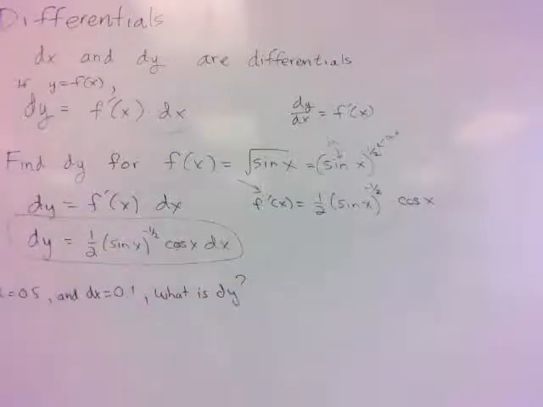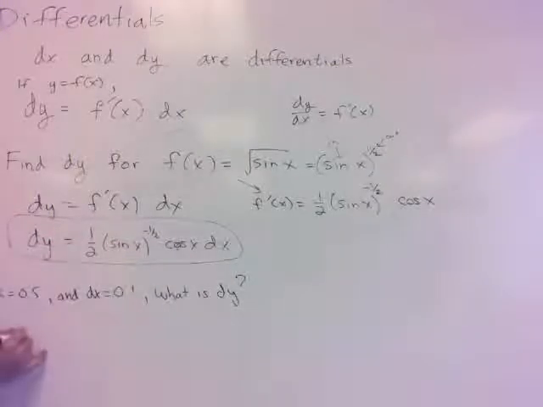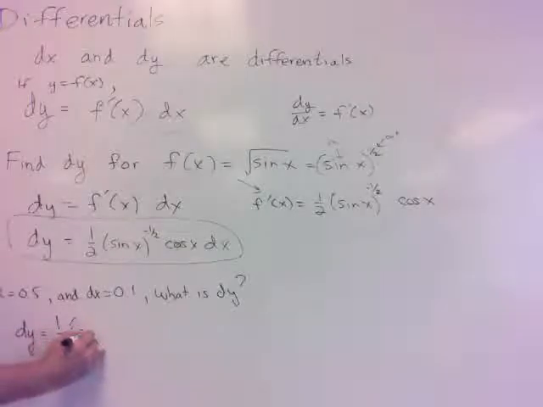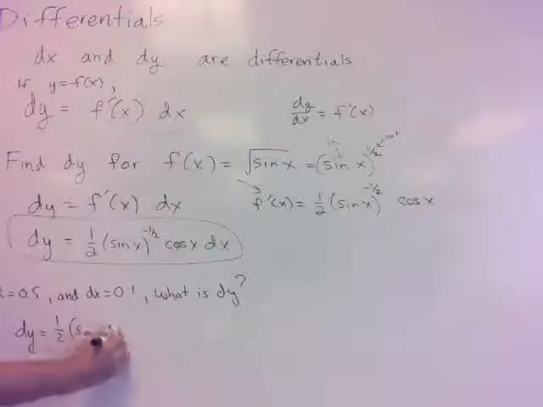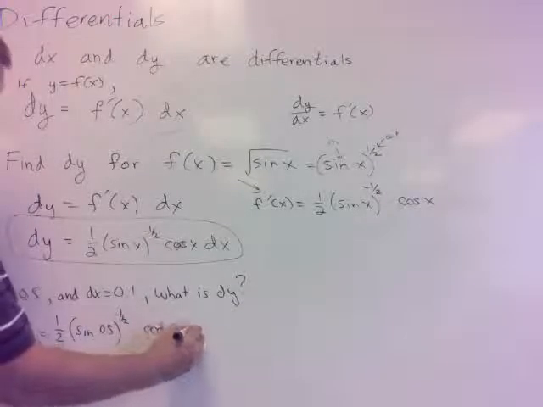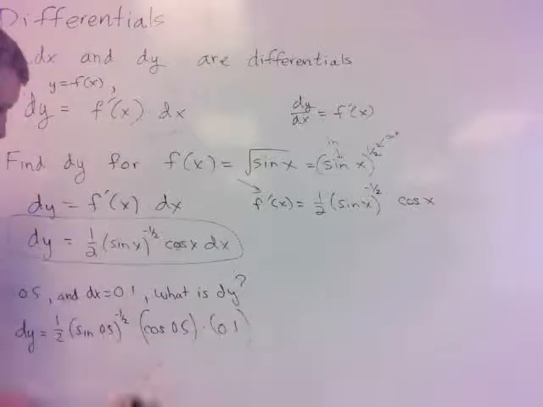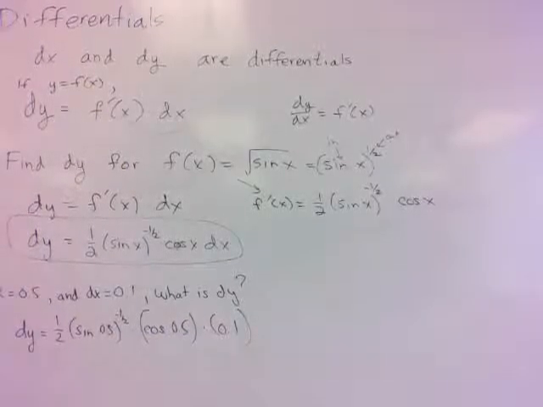Well, once you have dy in these terms, it's just plugging in, right? Dy would be 1/2 times sine of 0.5 to the minus 1/2 times cosine of 0.5 times dx, which is 0.1. And then it's just getting the numbers, okay?